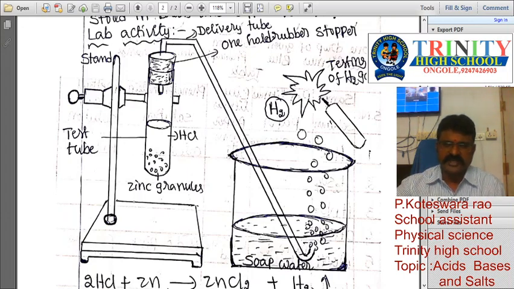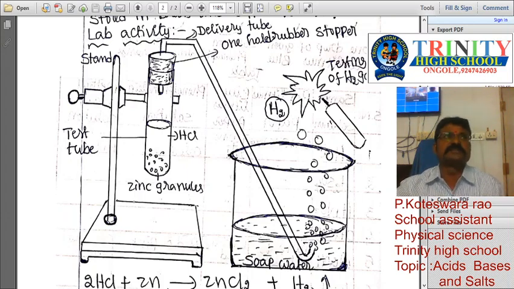Here it is filled with soap water. Here this is the candle. So what apparatus are required for demonstrating this activity?